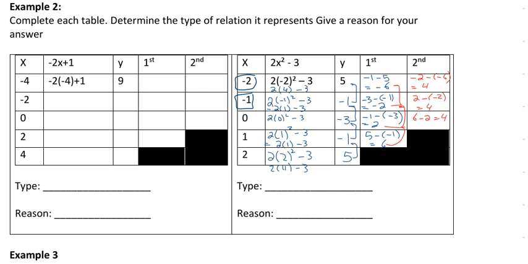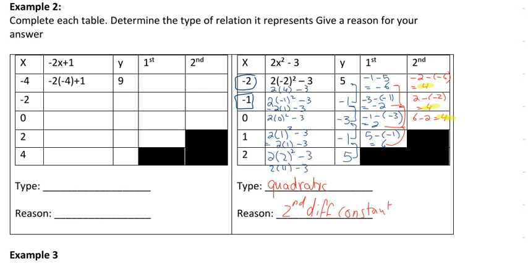What can you tell me about this? Quadratic or linear or neither? Quadratic, and how do you know that? Well, from the table of values, how do you know that? The second difference is the same. If you look here, your second difference is 4, 4, 4, right? So you have the same second difference.